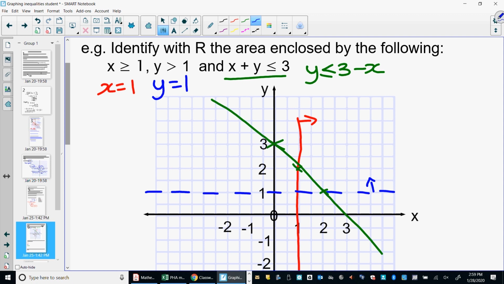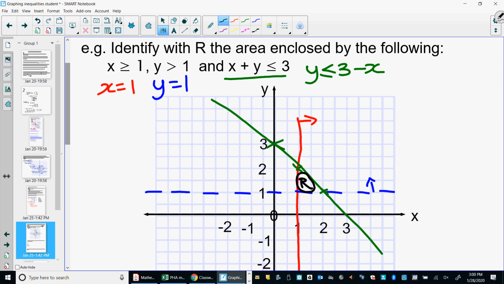And y has got to be less than 3 minus x, which is on this side. So I'm just going to put this baby in here, and that's R. The arrows represent what? Because y has to be greater than 1, that means up here, and it would be less than this way.